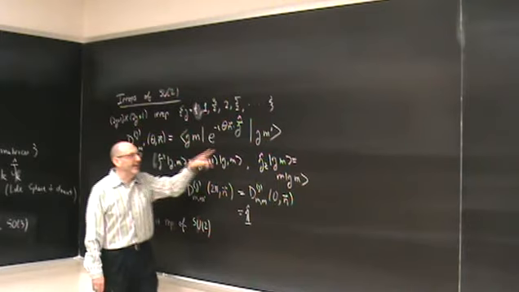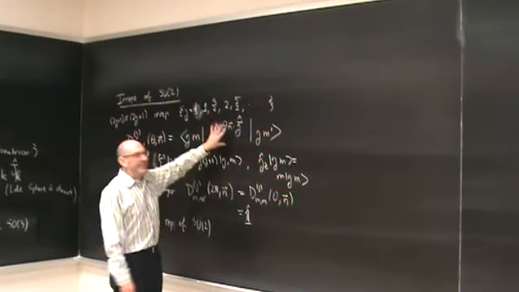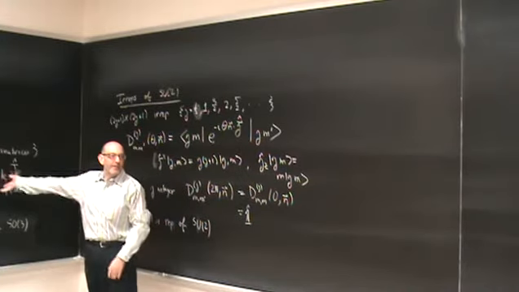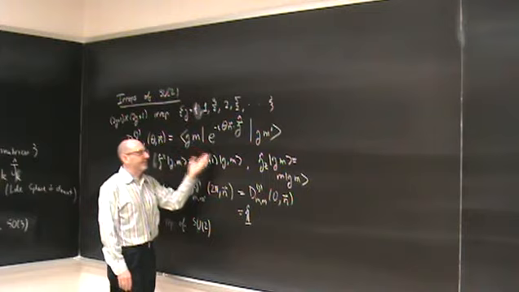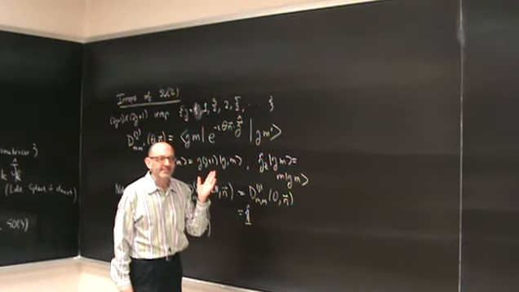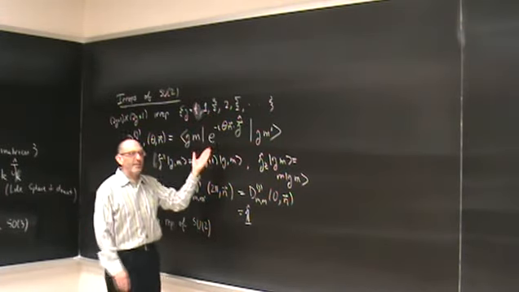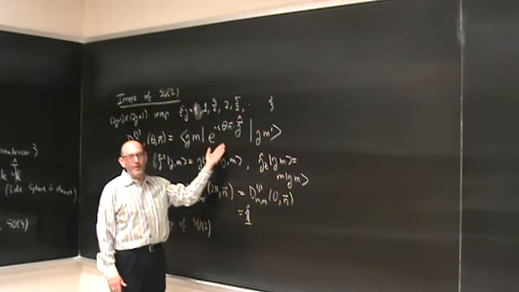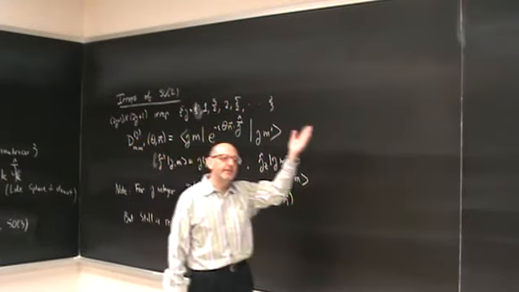for an arbitrary J. When J is a half, this was the defining representation. But when J is 1, this is a representation in terms of 3 by 3 matrices. When J is 3 halves, this is a representation in terms of 4 by 4 matrices, 5 by 5 matrices, et cetera.